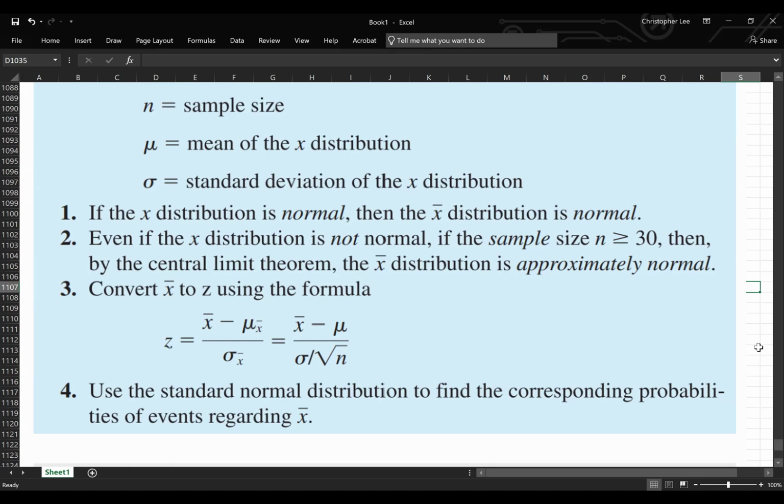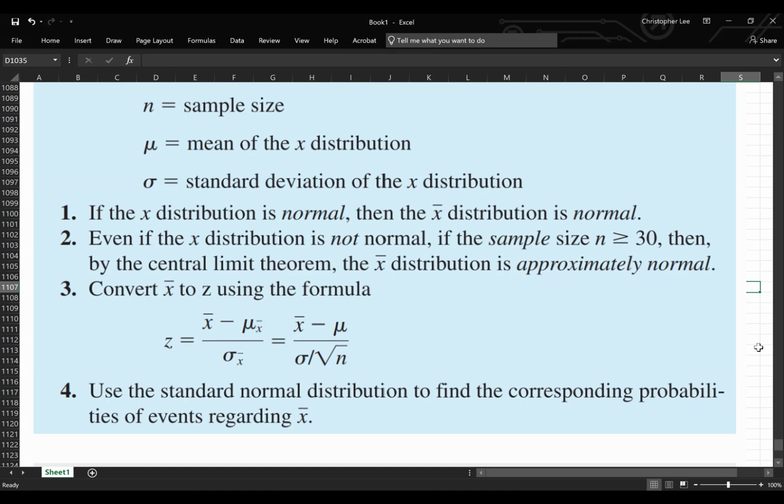Even if the X distribution is not normal, if the sample size N is greater than or equal to 30, then by the central limit theorem, the X bar distribution is approximately normal. To convert an X bar sample mean to a Z, we use Z equals X bar minus mu over sigma over the square root of N, which again is on your formula sheet, so you don't need to remember it, right?